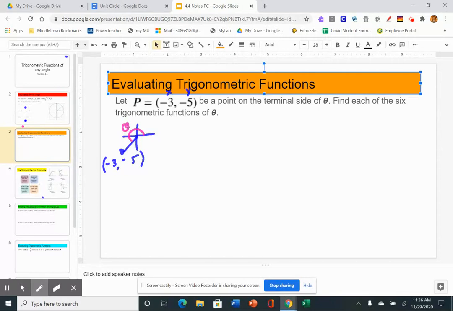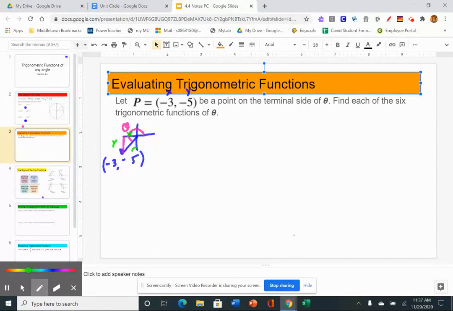That would be theta. So now we are going to find the 6 trig functions. And if we want, we can make it a little triangle where this is your y, this is your x, and this is your r. So now you can see how we can really apply those ratios.